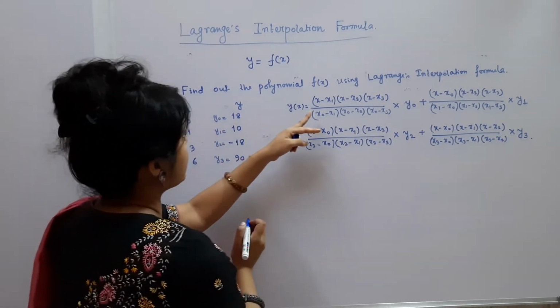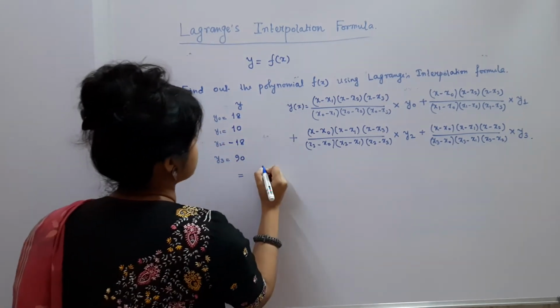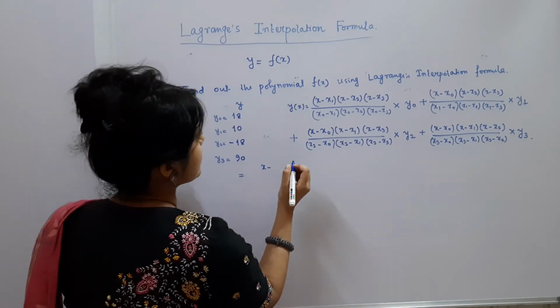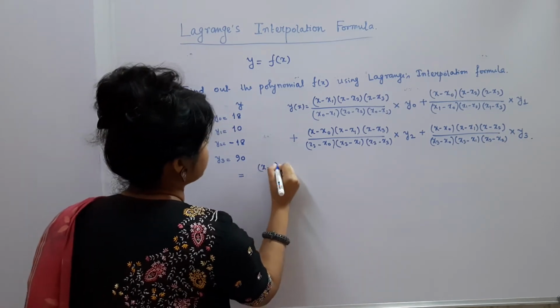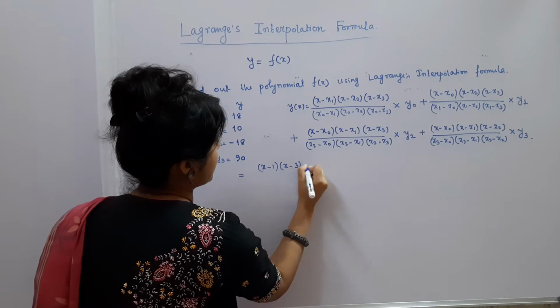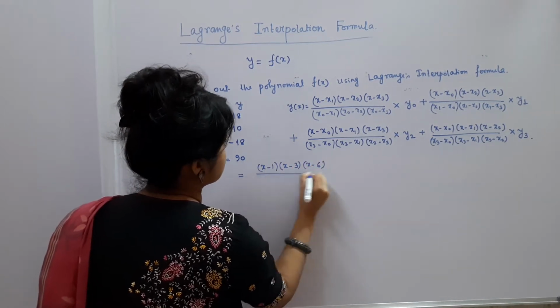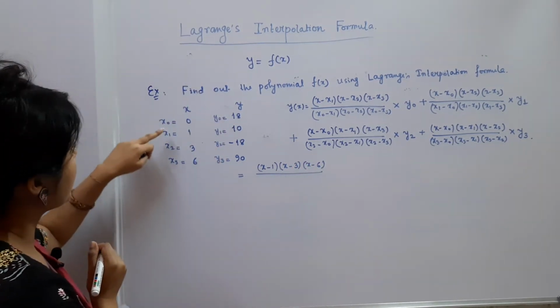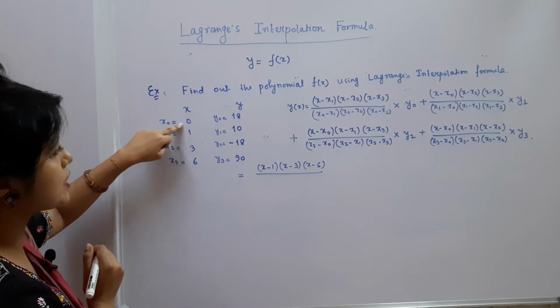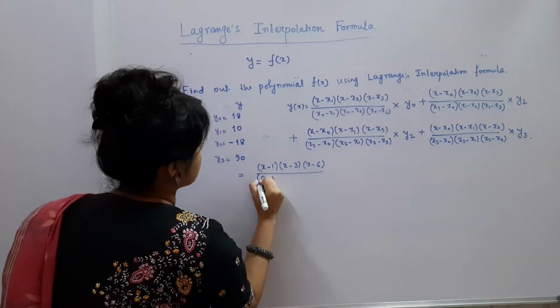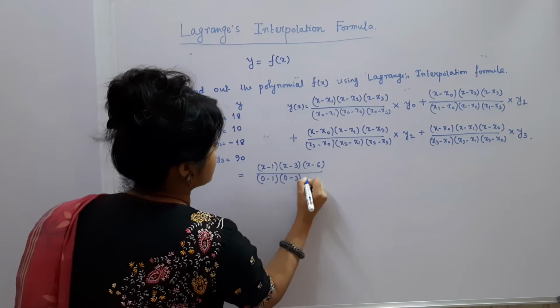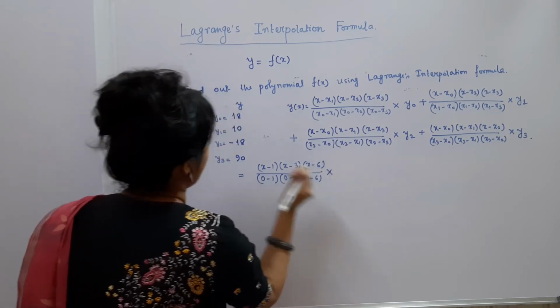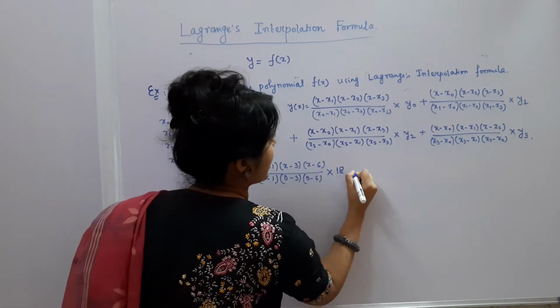So, that is x minus x0 is 0. So, x minus 1, x minus 3, x minus 6, divided by everything subtracted from 0. So 0 minus 1, 0 minus 3, 0 minus 6, and this will be multiplied by 18.